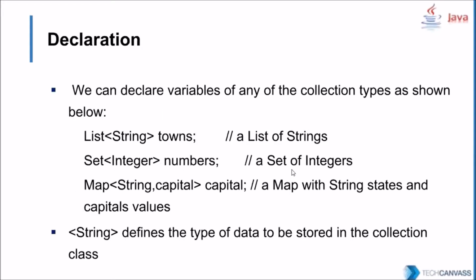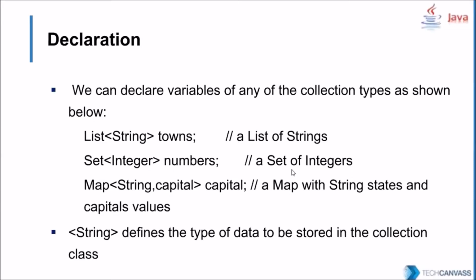Okay, so how do we declare these collections? We declare variables this way. We have List, then the greater than and less than signs, and between them we have the data type of this collection, and then the variable name.